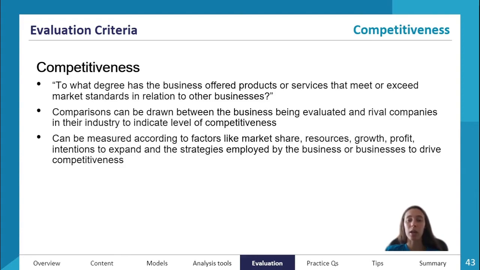It could be profit related, which is probably the most obvious, but also things like market share, growth, or even decline, resources, intentions to expand, and strategies employed by the business to drive competitiveness. All of those things could show how it's performing in relation to other businesses.